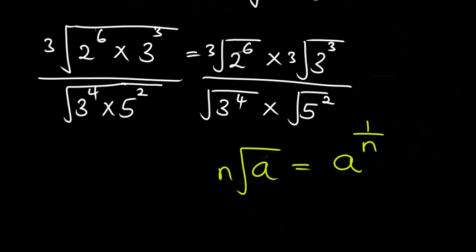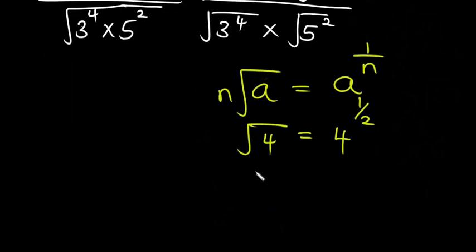For example, the square root of 4 is the same thing as having 4 raised to the power a half. The cube root of 8 is the same thing as 8 to the power of a third. So that is the one that we're going to use for this case.